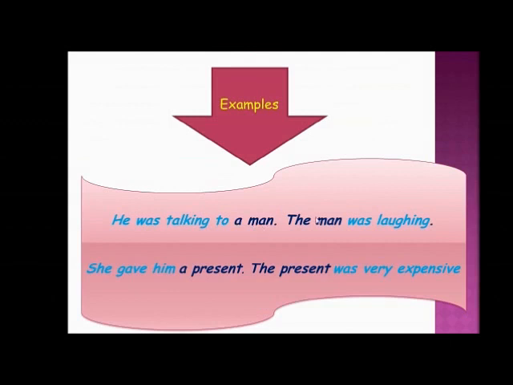So here, this man is different from this man. The first is not clear which man, but the second is a particular man. She gave him a present. The present was very expensive. Here, this present is different from this present.